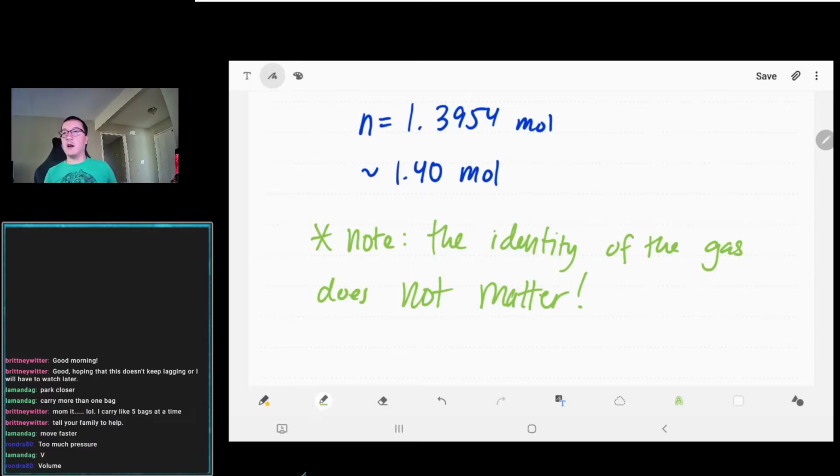So this could be oxygen gas, nitrogen gas, xenon, neon, helium, hydrogen, water vapor, sulfur hexafluoride, methane, ammonia, any random gas of your choice. Any gas will behave the same way. All gases behave just like all other gases. Lucky for us, because there are no intermolecular forces here, the identity of your gas does not matter.